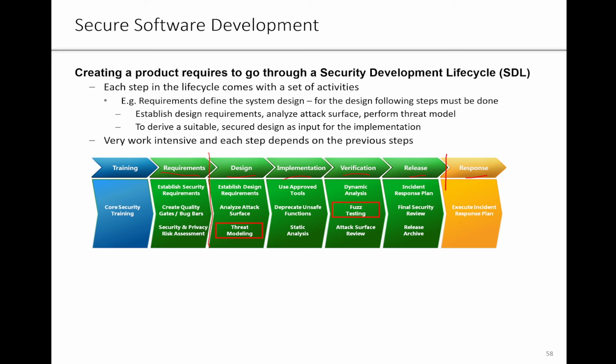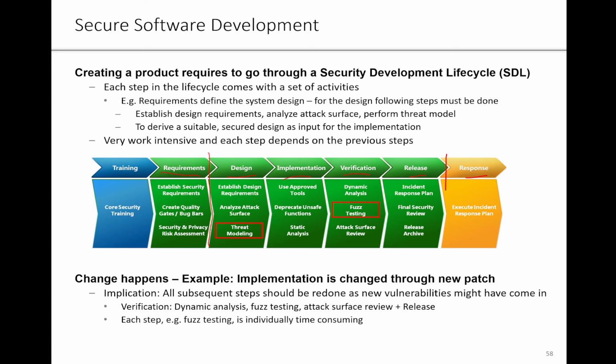So let's say you get some kind of requirements up front. You need to first be aware what you want to build, what kind of data you will deal with, what kind of threat models there might be. And with that in mind, you typically start to design your system. Especially when it's a distributed system, you have several attack surfaces, you have several services interacting with each other.